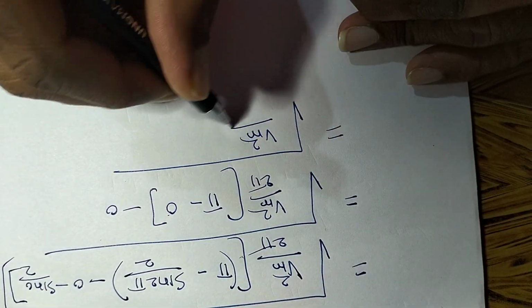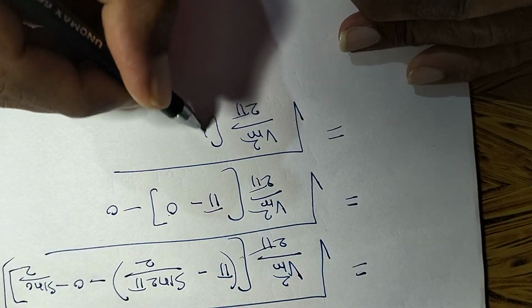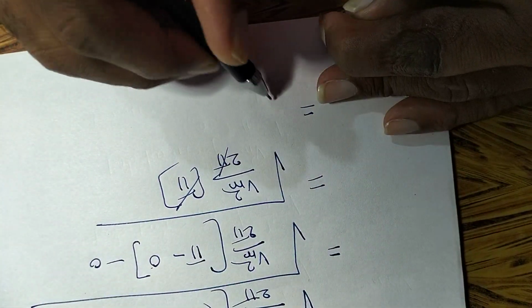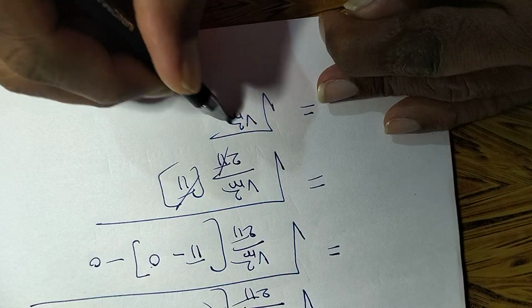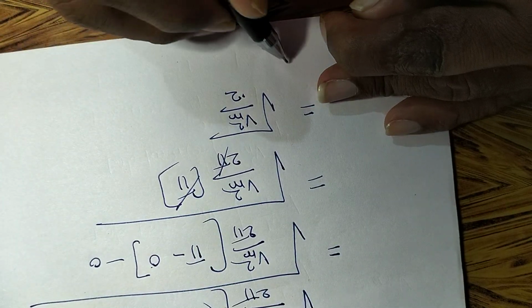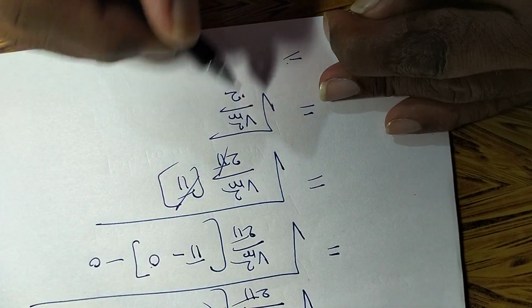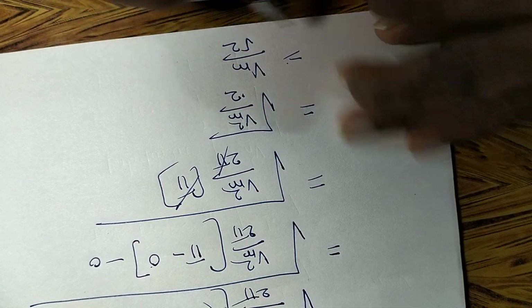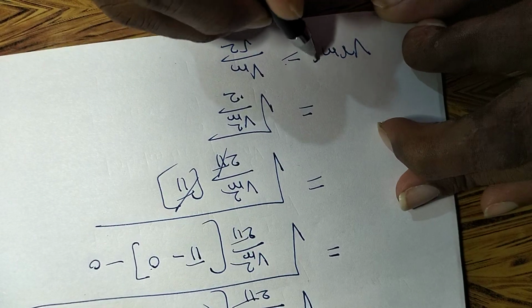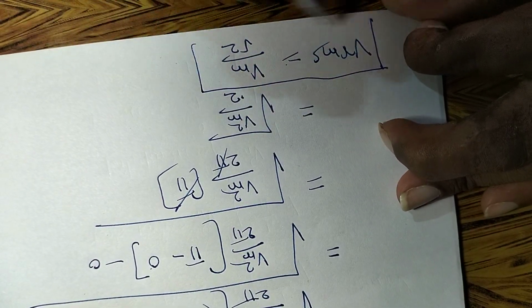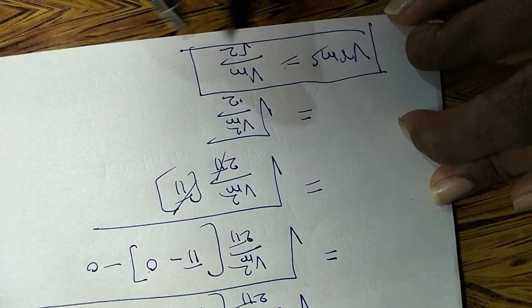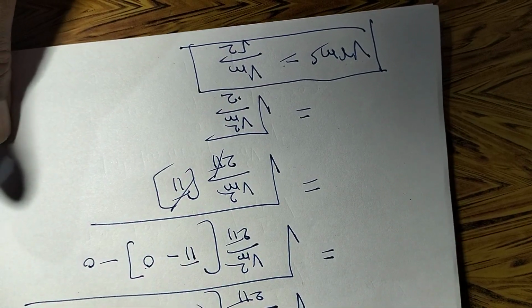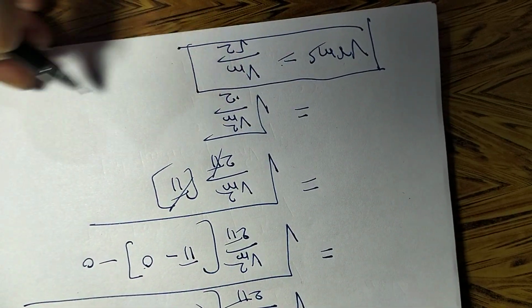Vm square divided by 2 pi into pi, so pi gets cancelled, giving Vm square divided by 2. Taking the square root, that is Vm by root 2, which is Vrms. That is the conclusion for the Vrms value in the full wave rectifier.